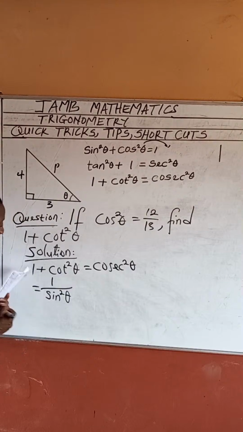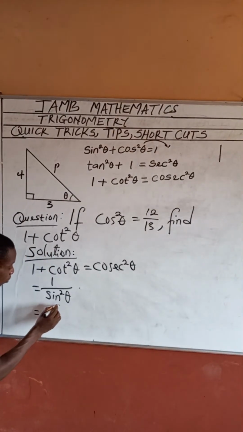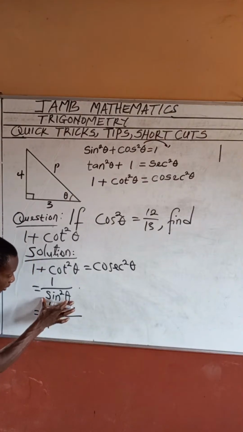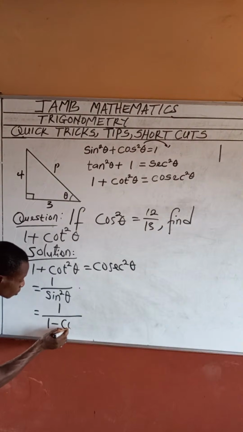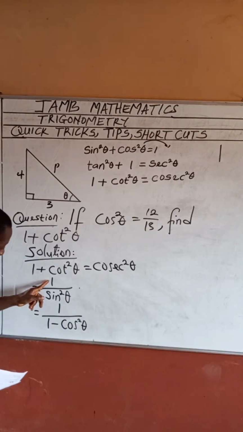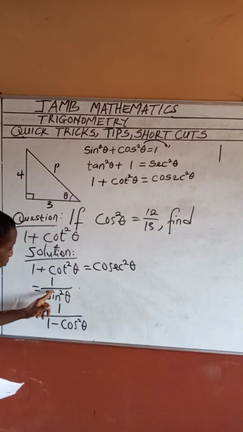Can you see it now? So this is now equal to 1 divided by 1 minus cos square theta.